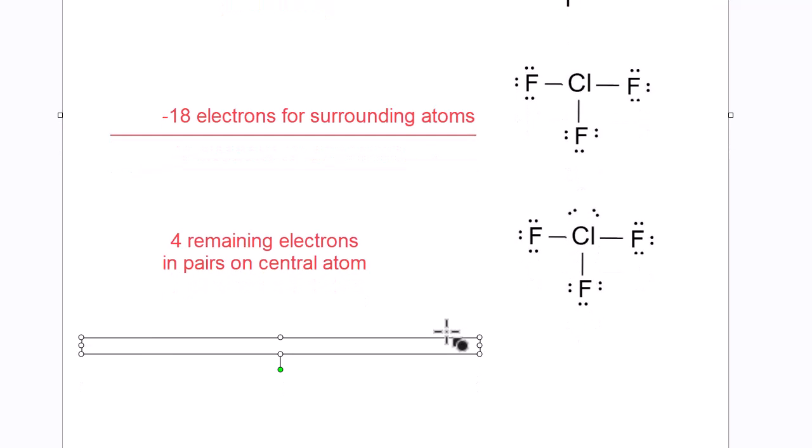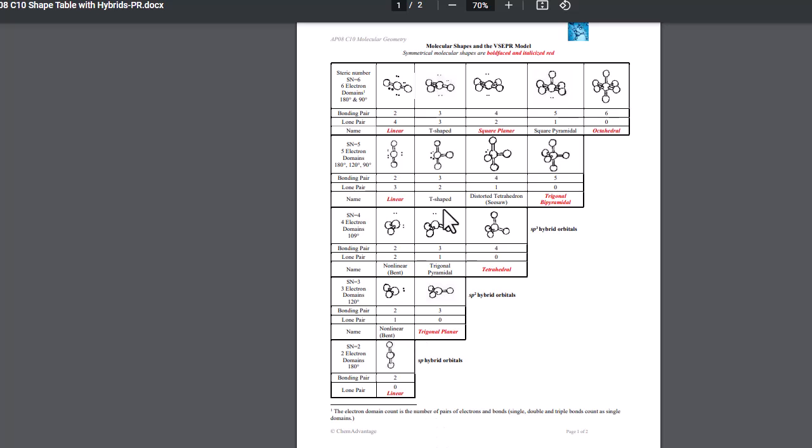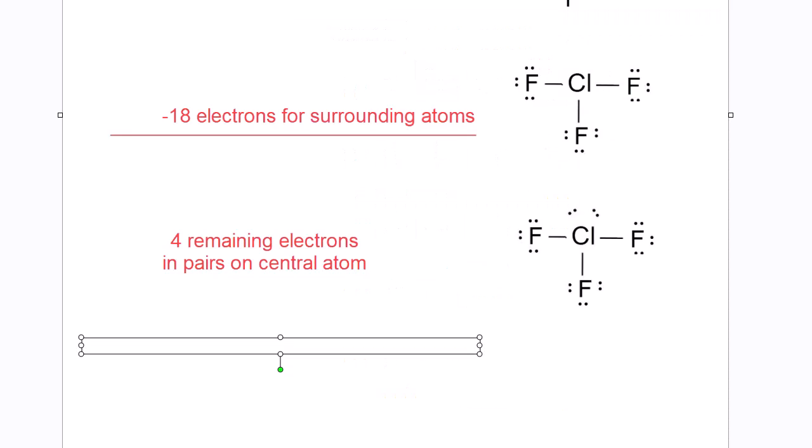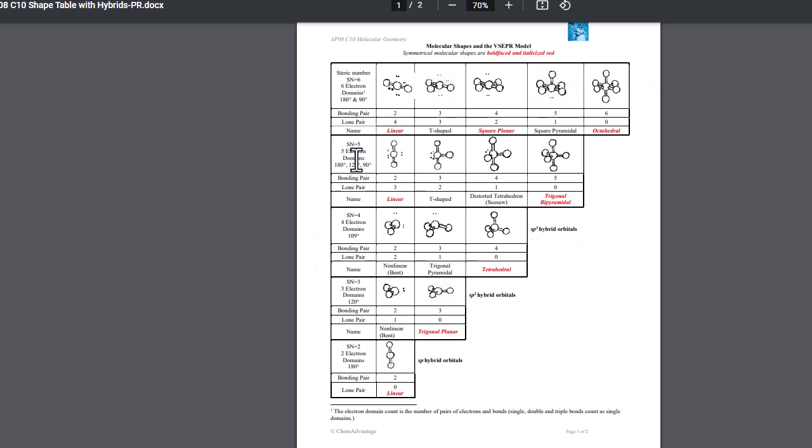If you wanted to find the shape of this, if you determine that this is the Lewis electron dot diagram, you'd go to a shape table, and we've got one here for our class that we've used, where we have to deal with, let's go back to that diagram, a total of 5 pairs of electrons on the central atom. That's going to determine our shape, where we have 1, 2, 3, 4, 5 pairs of electrons to deal with in terms of geometry. And that shape with a steric number of 5 pairs of electrons in space is right here.